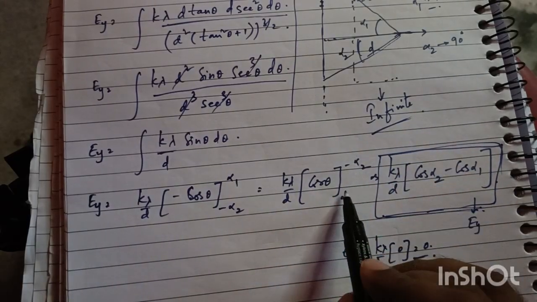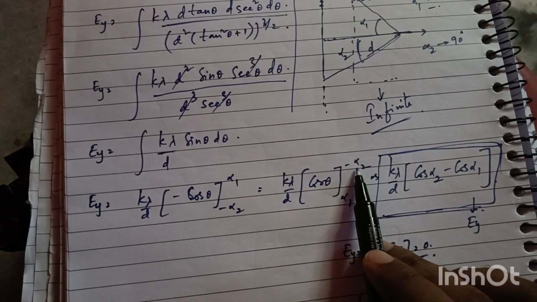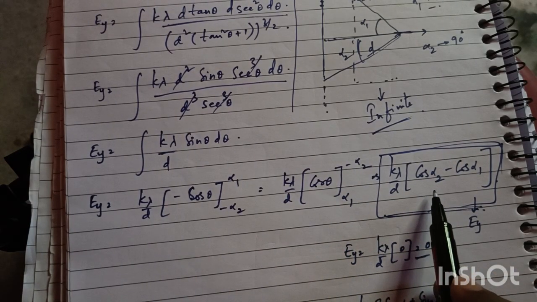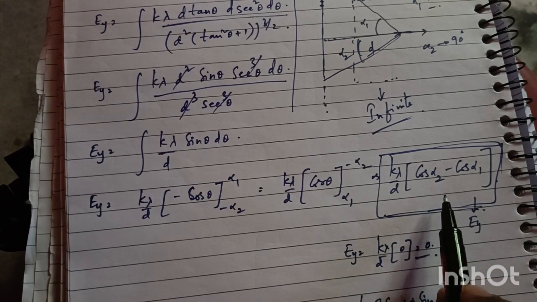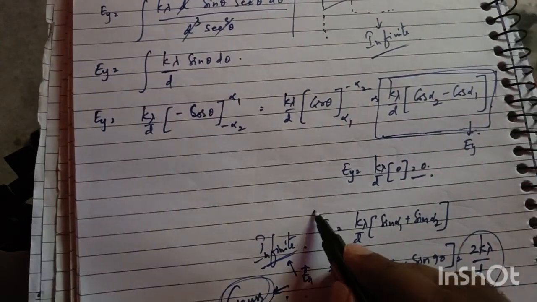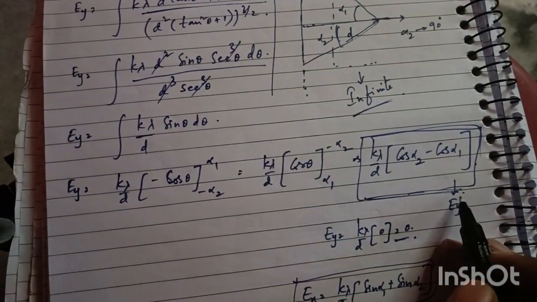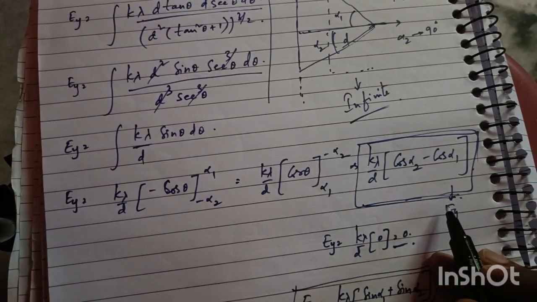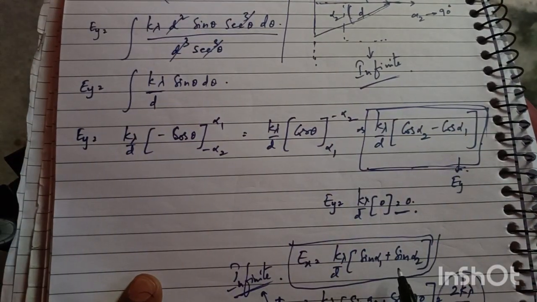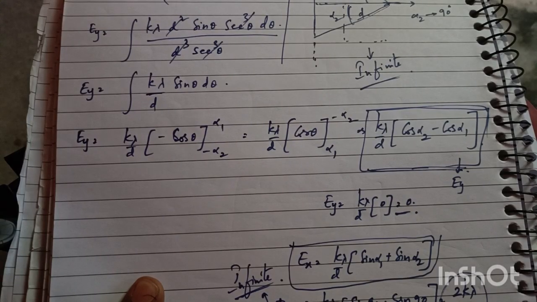If I do this, we'll get this relation. And cos of minus theta would be cos theta, an even function, and this would be our Ey. So Ex and Ey we got. Ex component is the sine terms, and Ey component is this one. So this is for a finite wire, where lambda is the line charge density.